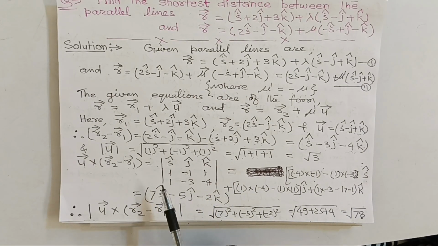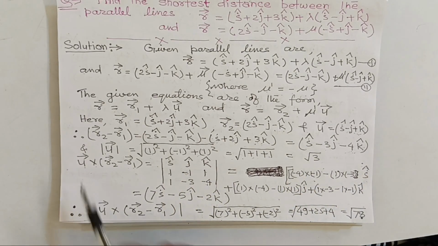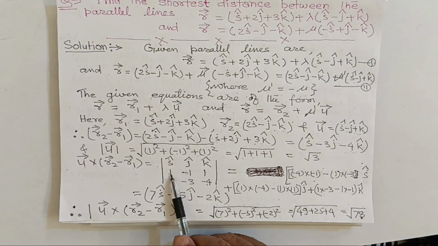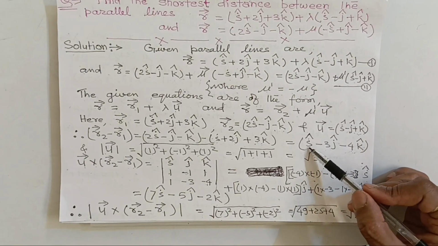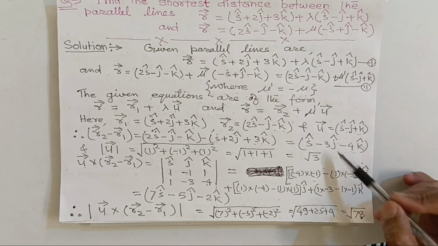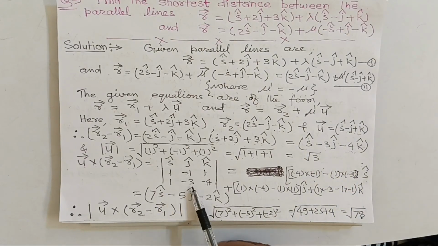The determinant i j k, first u coefficients 1, minus 1, plus 1. Next, vector r2 minus r1, it is i - 3j - 4k, coefficients 1, minus 3, minus 4.